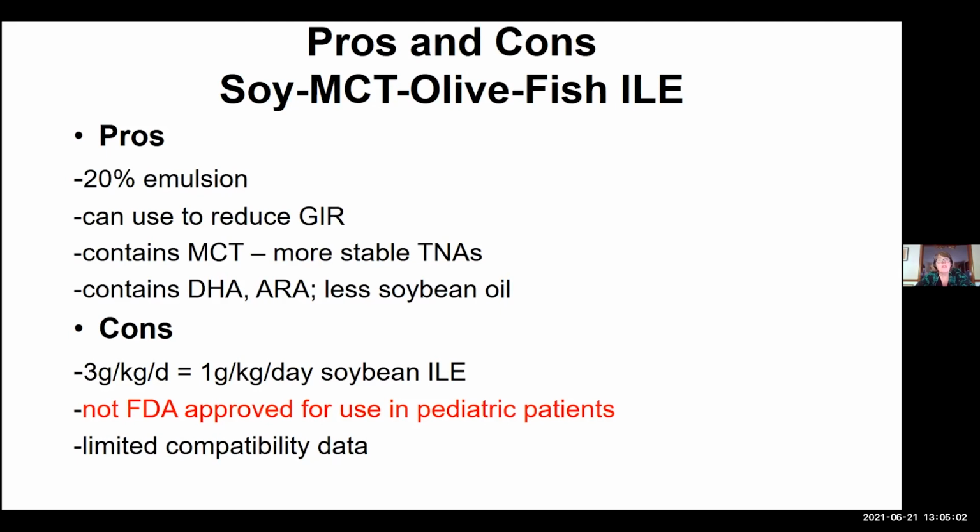It does have DHA, arachidonic acid, less soybean oil, so you do have better fatty acid profiles. However, you have to give 3 grams per kilo per day to give an equivalent amount of 1 gram per kilo per day of soybean oil. It's currently not FDA approved for use in pediatrics, so it's off-label when you use it that way. Studies are on the way. And there's also very limited compatibility data. So again, there's studies forthcoming, but right now we don't have that data.